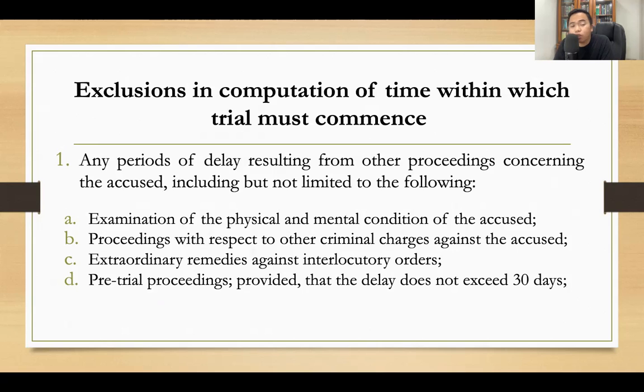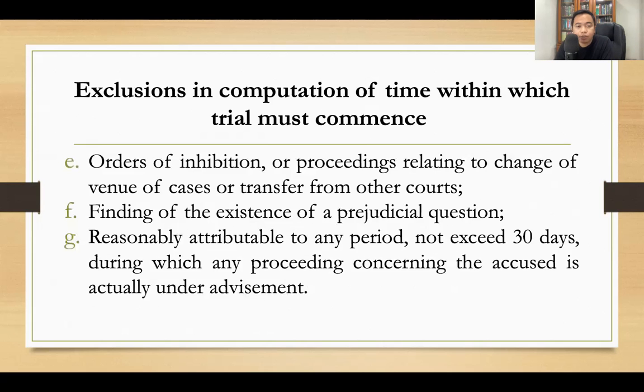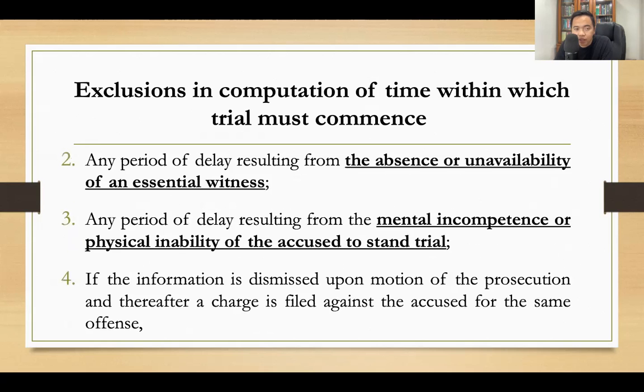So, any periods of delay resulting from other proceedings concerning the accused, including but not limited to the following: examination of physical and mental condition of the accused, proceedings with respect to the other criminal charges against the accused, extraordinary remedy against interlocutory orders, pretrial proceedings, orders of inhibition, finding the existence of prejudicial question, and reasonably attributable to any period not exceeding 30 days. Okay?